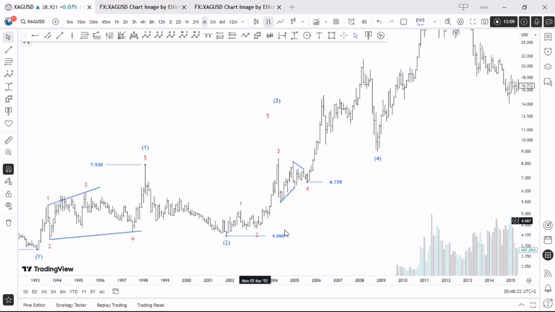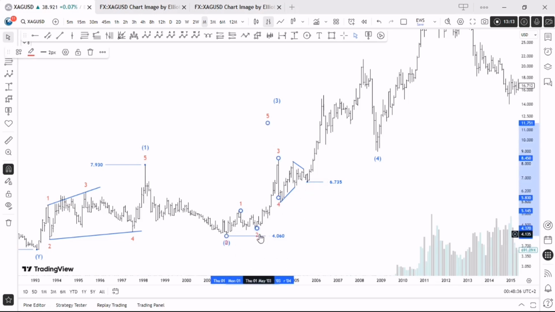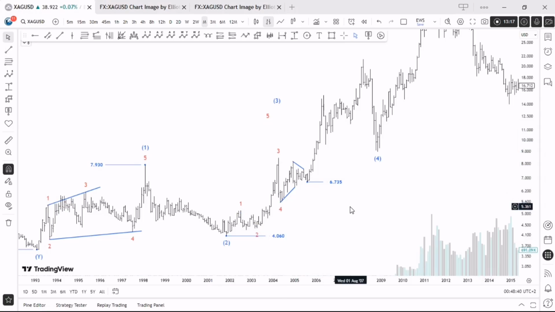Maybe let's say this is wave 1 right there, 2, and then 3, 4 maybe on this low, and maybe consider an extension. Yeah, it's highly possible, but then how will you label this corrective pattern here? Because I believe you can see this is a 1, 2, 3, 4, 5 leading diagonal, and then you see a counter trend move, and then you see a possible 1, 2, maybe 3, 4, 5 here.